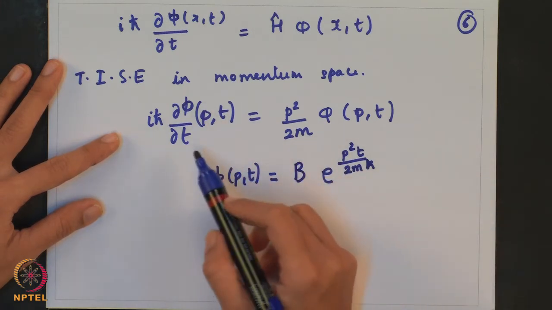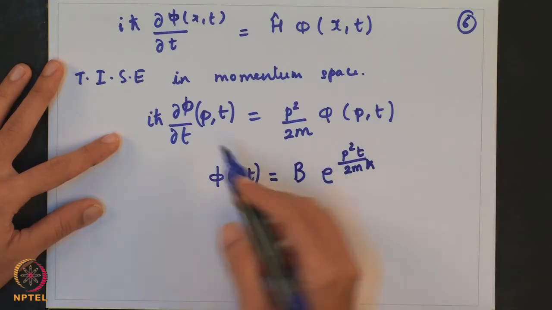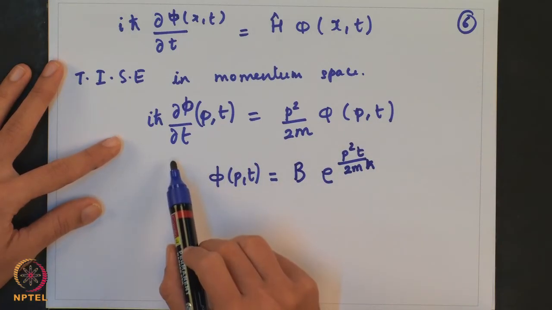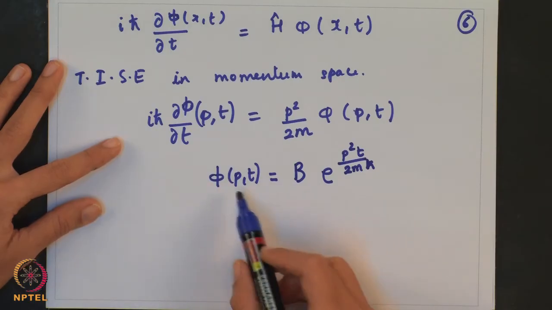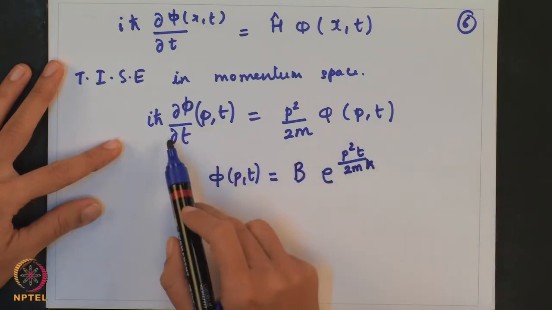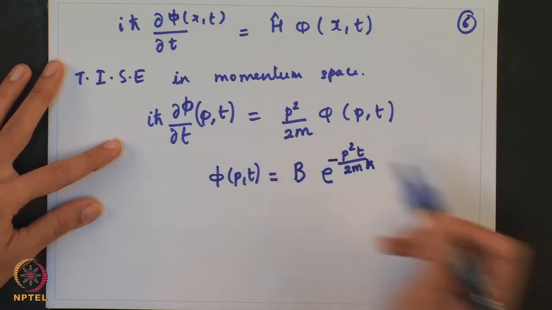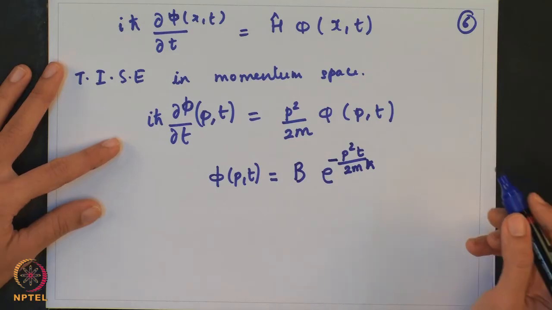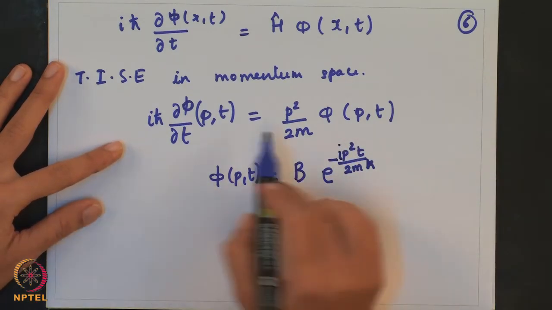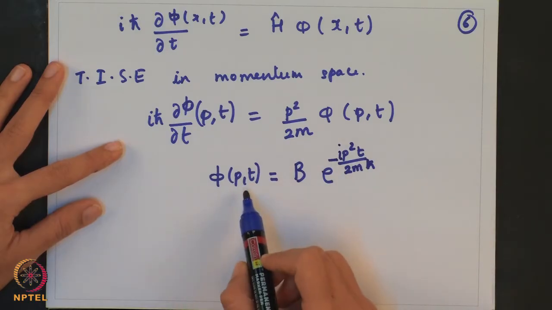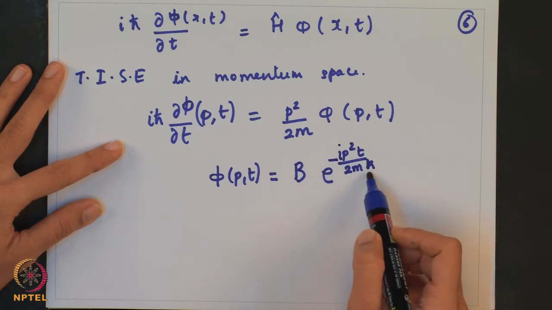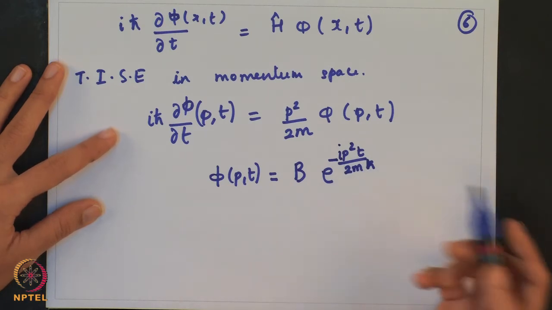Here I need to do integration only, no integration by parts. The integration would give us φ(p,t) as this expression. And remember, when I take this I have a minus sign, and a factor of i also, which I was missing. So I have φ(p,t) as b e raised to i p squared t upon 2m h cross.